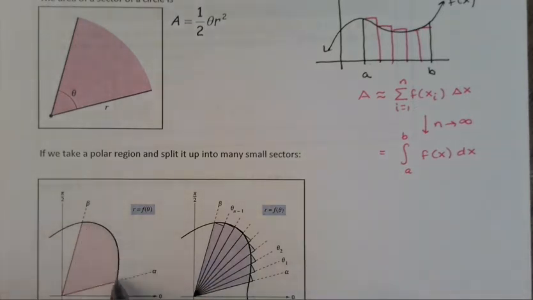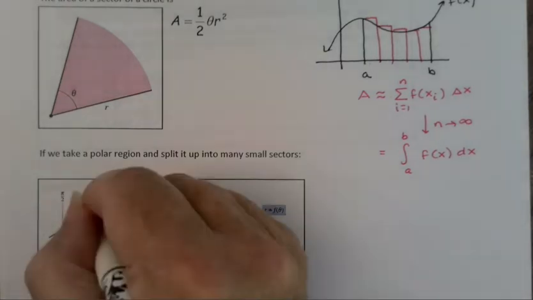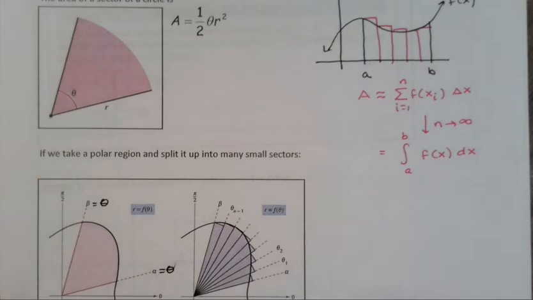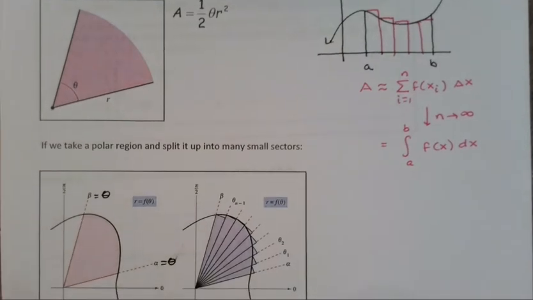So think of it this way. If this is my polar function, r equals f of theta, and I want the area between two values of theta, right? This is theta equals alpha and theta equals beta. What I'll do is I'll take that area, and starting from the pole every time, I'm splitting this into these little pie pieces, or pizza pieces.